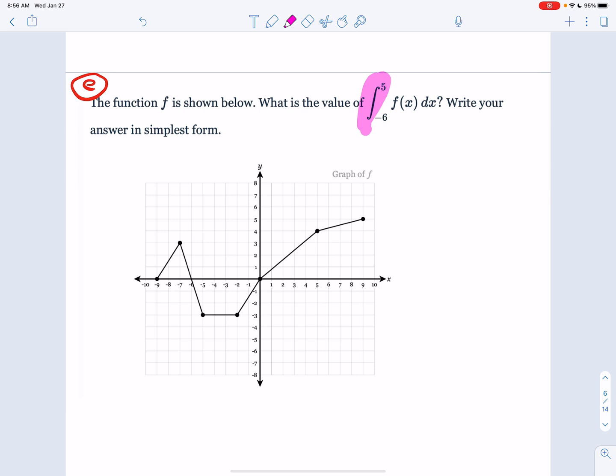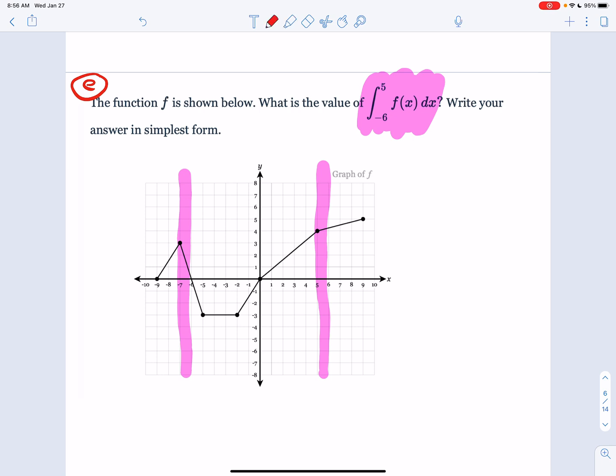Okay. First thing you want to do is pay attention to what they're asking for. They want us to find the integral of f of x dx from -6 to 5. So that means we want to find the area from -6 all the way to +5. Okay, so that creates, it looks like, two geometric shapes here.